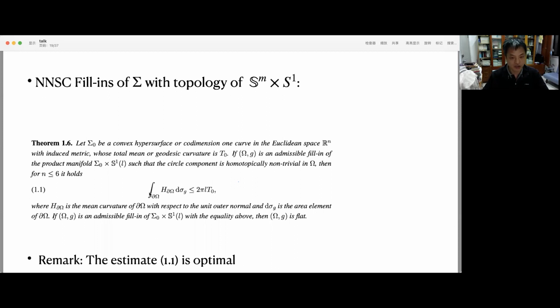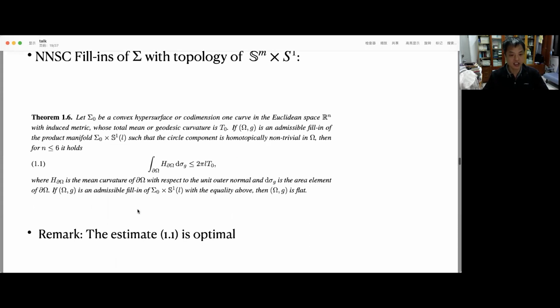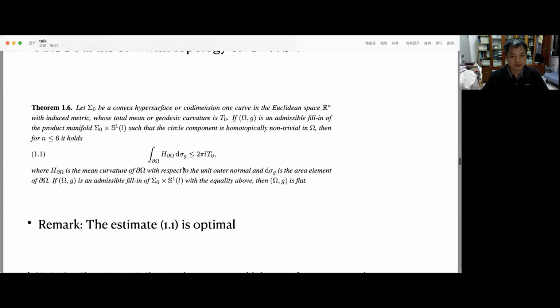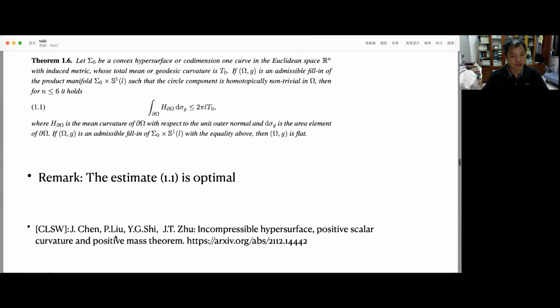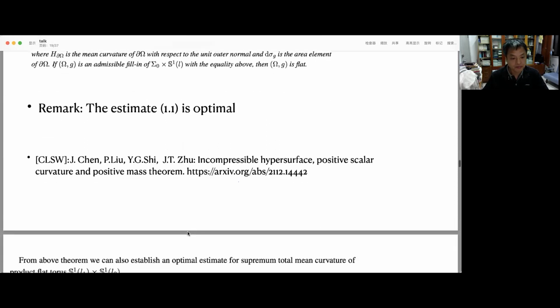Then we can show that the total mean curvature of the boundary cannot be larger than this one, 2 pi L T naught. And equality holds if and only if Omega G is flat. Clearly, such an estimate is optimal. Now, this is joint work with J. Chen, P. Liu, and Jingtian Zhu.